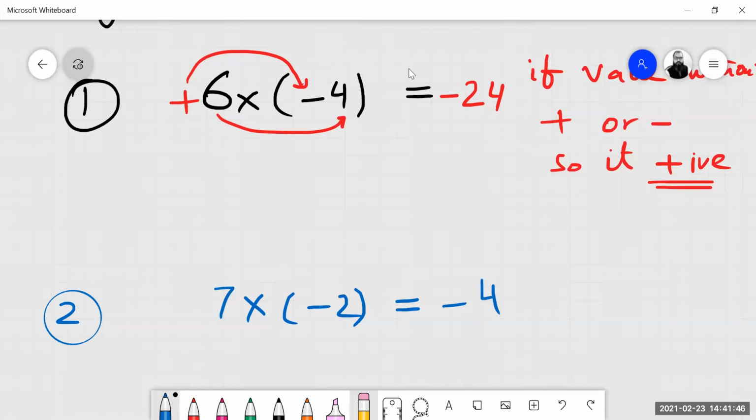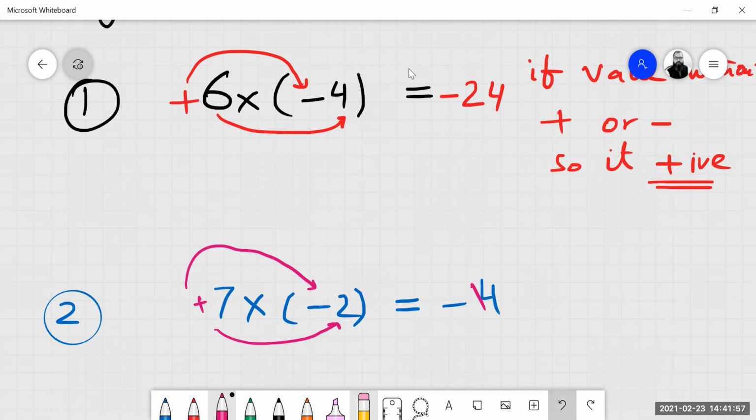Very good. Because this is minus and here plus. Plus multiply minus equals minus. 7 multiply 2 equals 14.